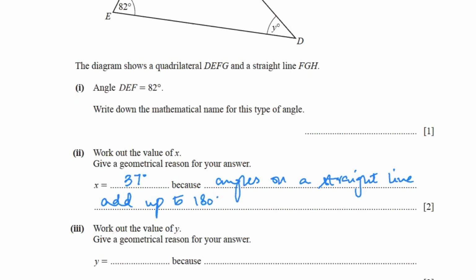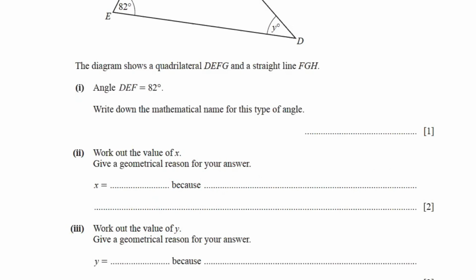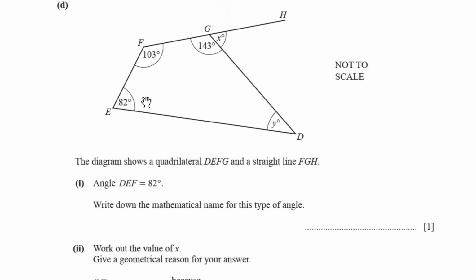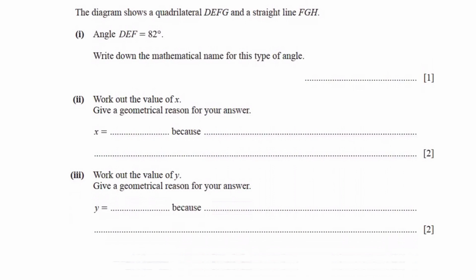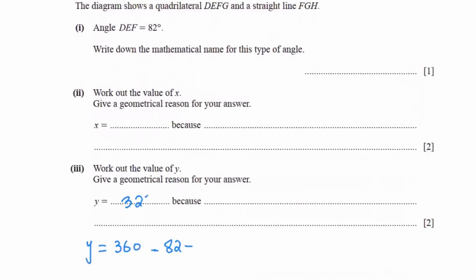Then it says work out the value of y. So now y lies inside this quadrilateral. In a quadrilateral, the sum of angles equals 360, which means we will subtract 82, 103, and 143 from 360 to find y. So that is basically going to equal 32 degrees. y is 360 minus 82 minus 143 and 103.